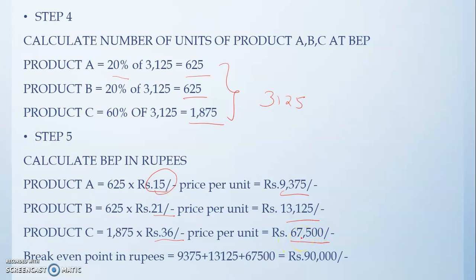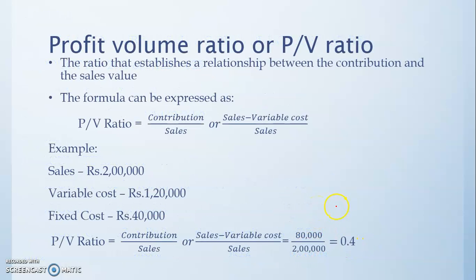Now we've been asked to find the break-even value of the company together for all three products. So we sum 9,375 for product A, 13,125 for product B, and 67,500 for product C, which will be equal to 90,000, which is the break-even value for the company.